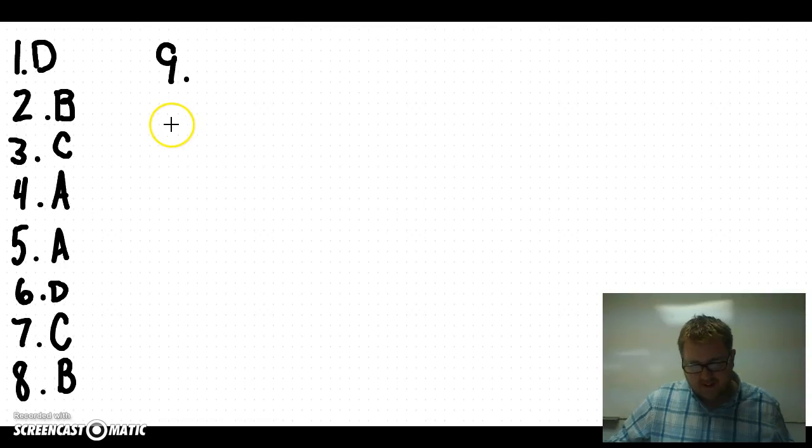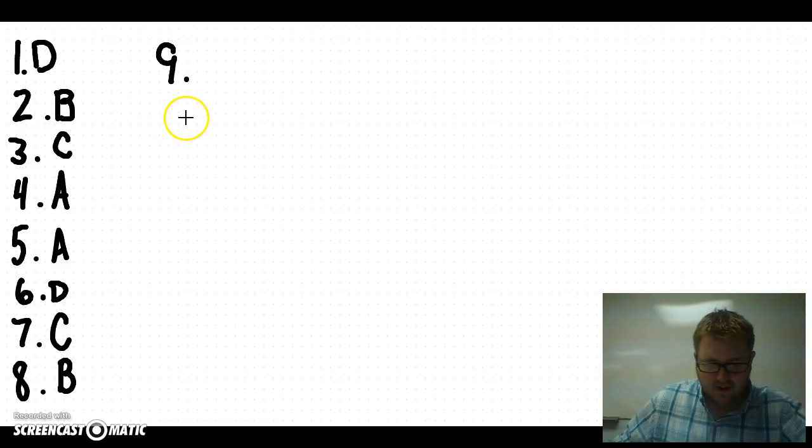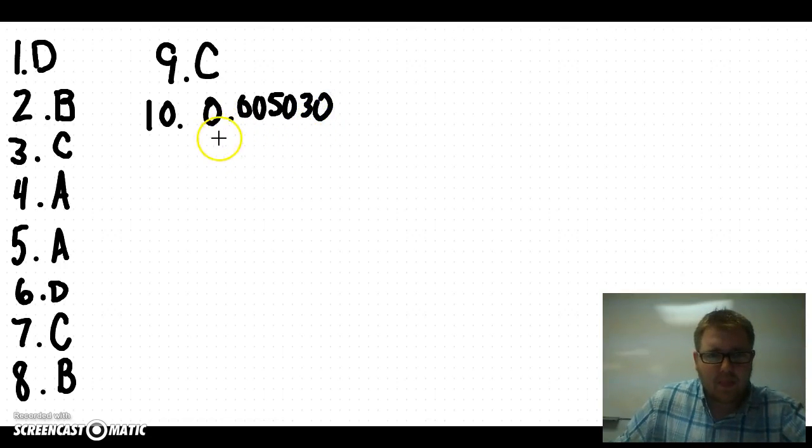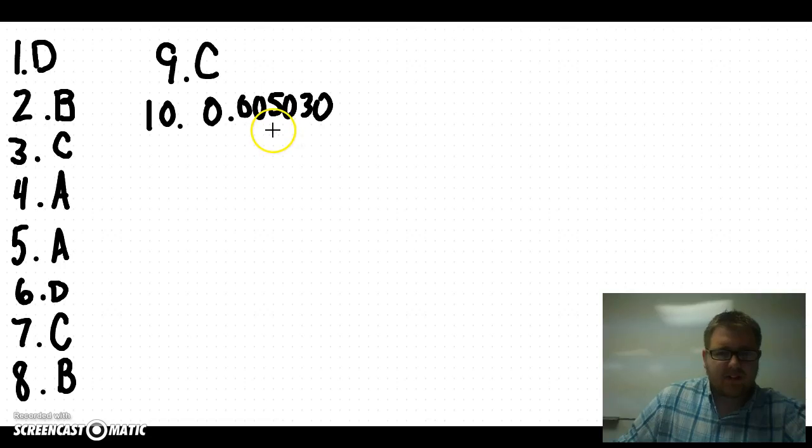So looking on the next page to number 9, the unit of measure for density. The only one that has a mass per volume is C, grams per cubic centimeter. Number 10, how many significant digits are in the measurement 0.005030? Well, since we have a decimal present, we want to start at the first non-zero digit from the left, and we're going to count 1, 2, 3, 4 significant figures.